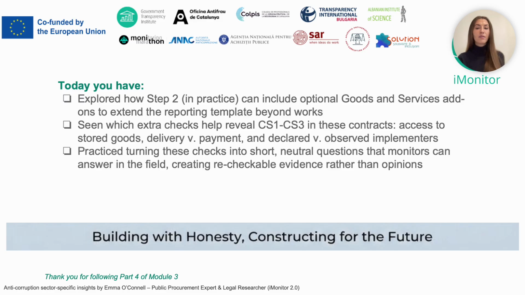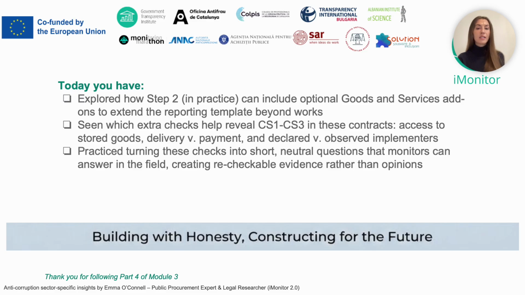Then we move to declared versus observed implementers, so who actually did the work. Finally, the services add-on asks whether the authors and consultants named in the deliverables match the supplier and subcontractor list. It lets the monitor list any names that do not appear there. These are sometimes called ghost experts or hidden subs.